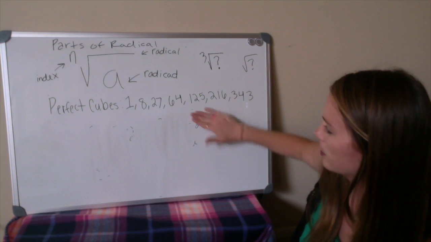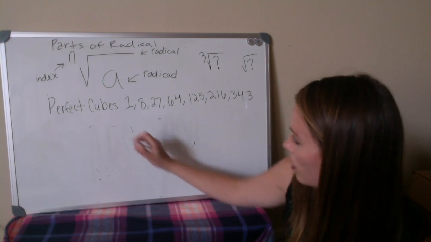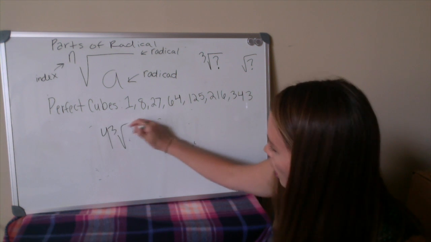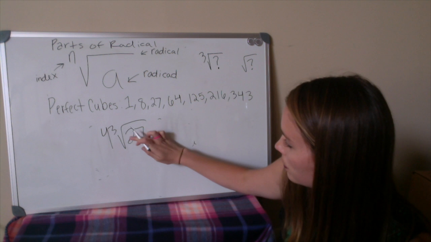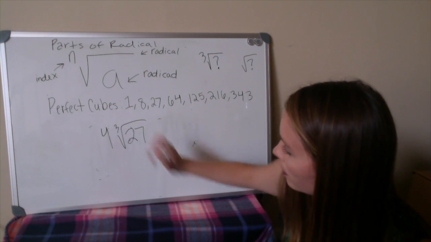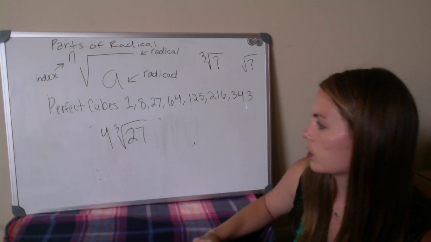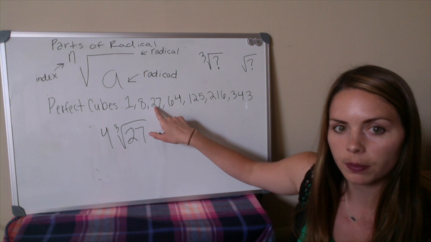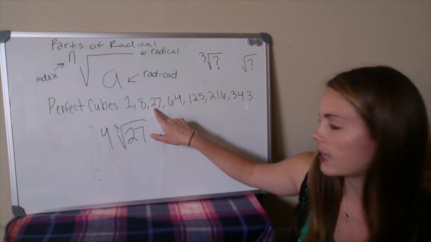Already lost my eraser. Okay, now going on to the next example would be 4 cube root of 27. I have a sloppy handwriting here. Now, looking at this, you know the cube root of 27 is a perfect cube. Cube root of 27 is 3.